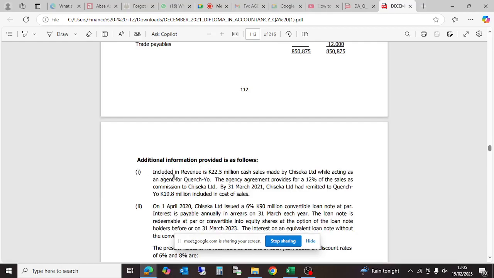Roman numeral 1: included in revenue is 22.5 million cash sales made by Chiseka Limited while acting as an agent for Quenchio. The agency agreement provides for 12% of the sales as commission to Chiseka Limited. By 31 March 2021, Chiseka Limited had remitted to Quenchio 19.8 million included in cost of sales.